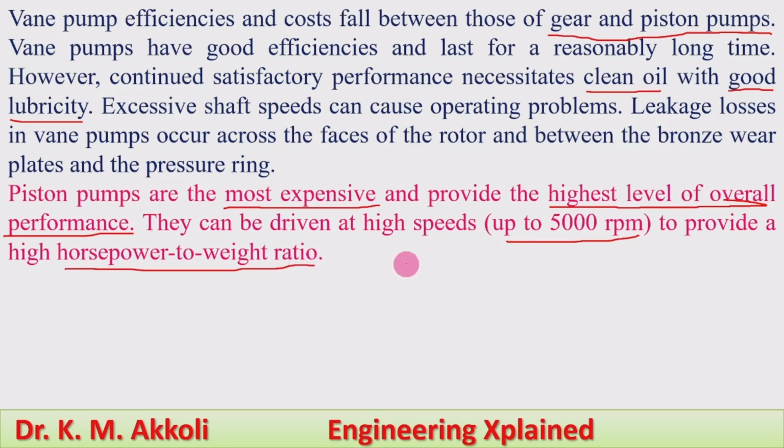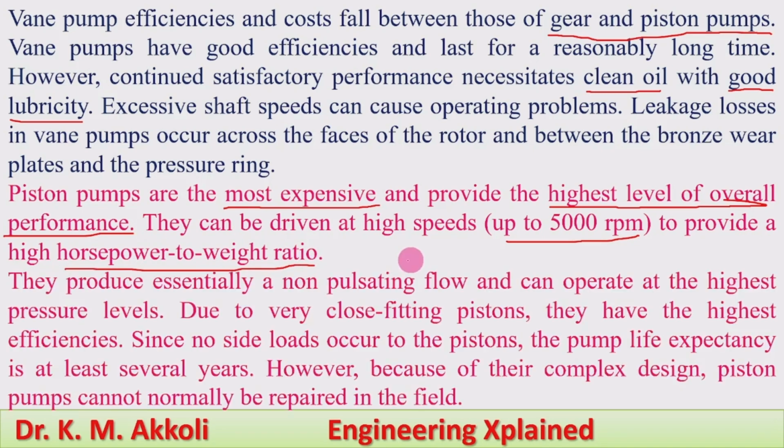For a given weight, we get higher horsepower. They produce essentially non-pulsating flow and can operate at the highest pressure levels. The pressure level is also highest, as we saw in the chart.